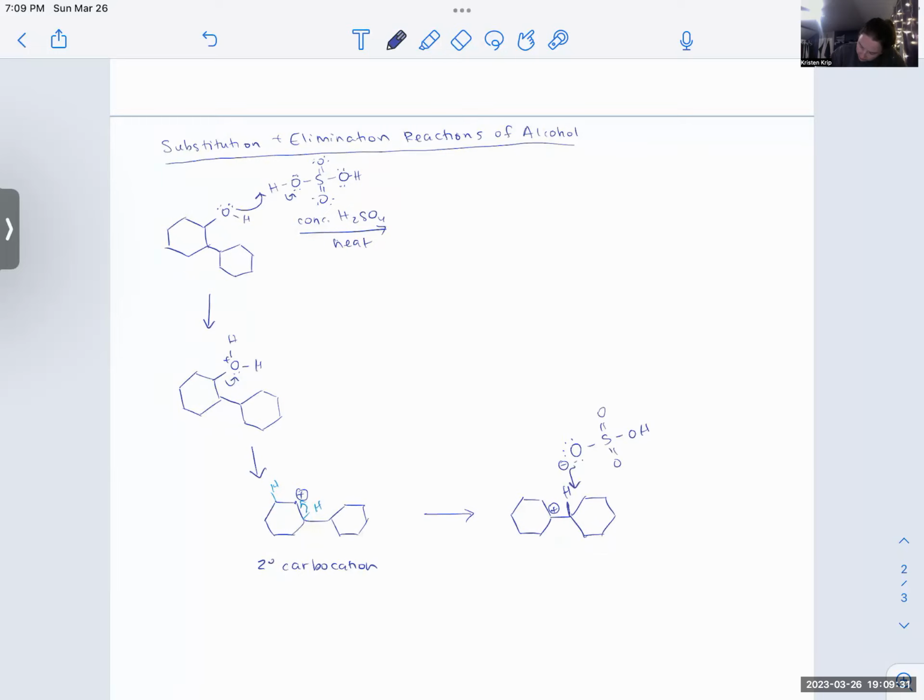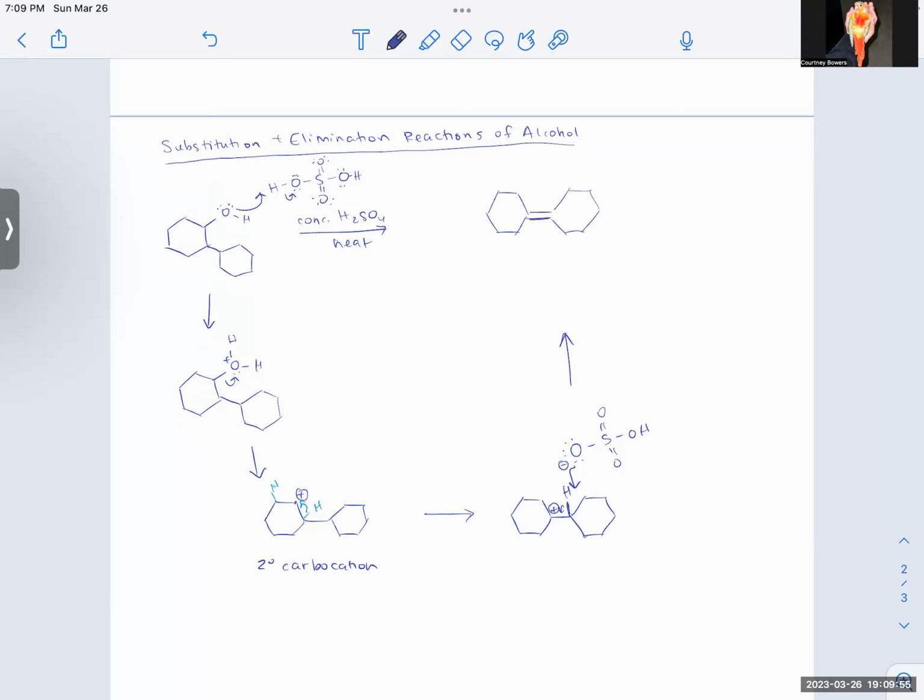Yoink. So those electrons are going to move into a double bond, basically. And then we end up with, yeah, it kind of looks like a barbell.